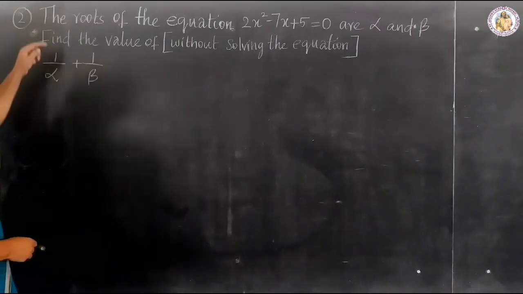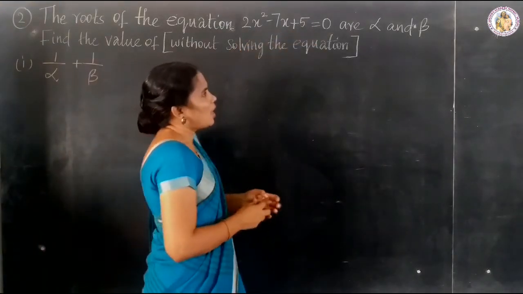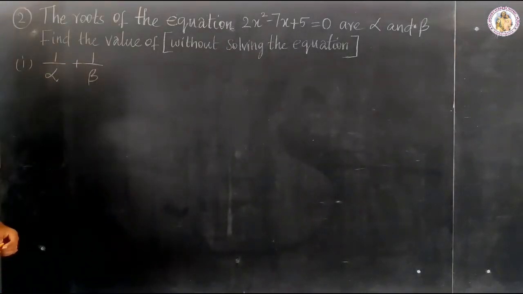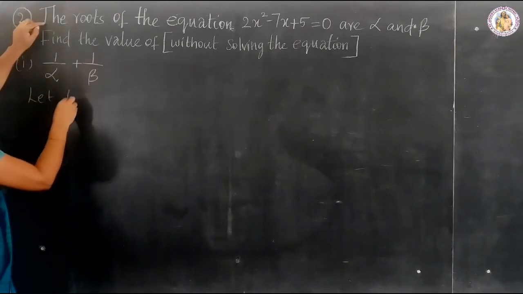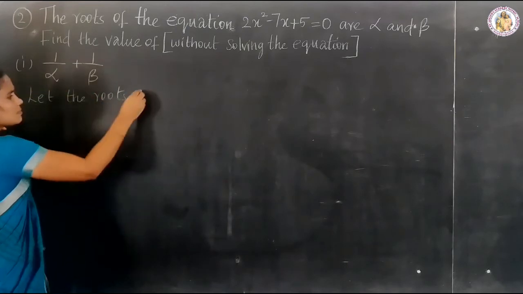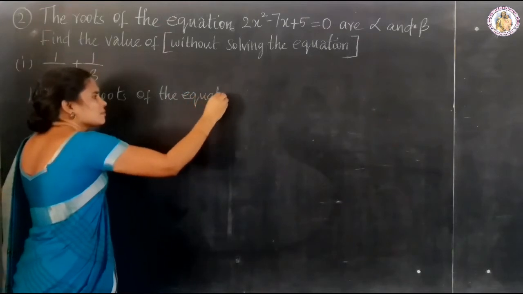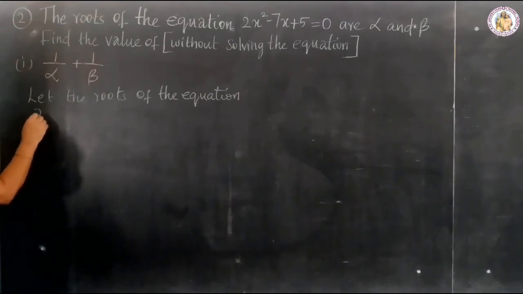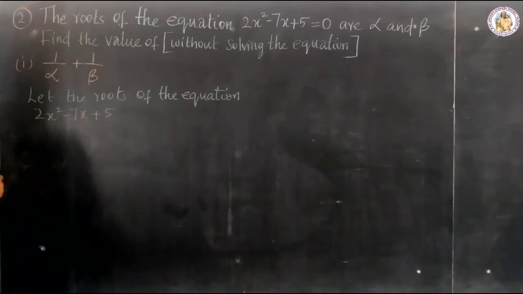Question number 2: the roots of the equation 2x square minus 7x plus 5 is equal to 0 are alpha and beta. Find the value without solving the equation. So first of all, let the roots of the equation 2x square minus 7x plus 5 be alpha and beta.